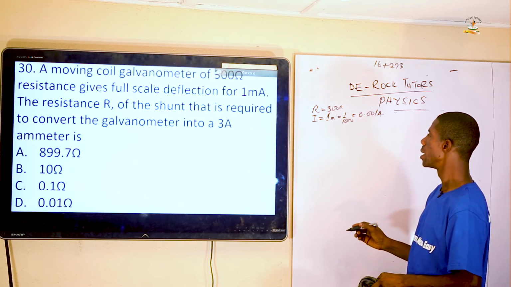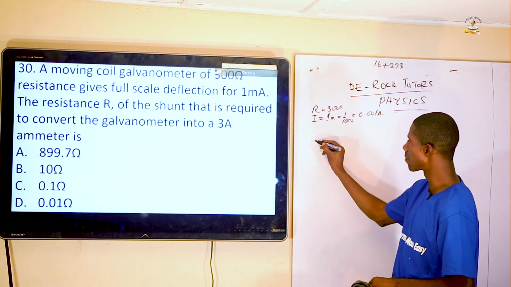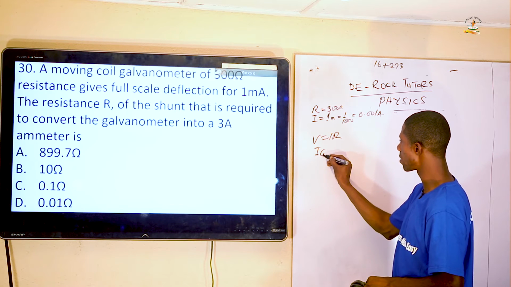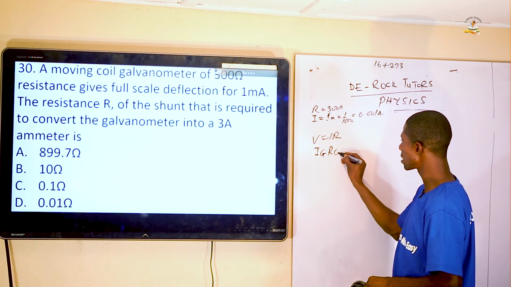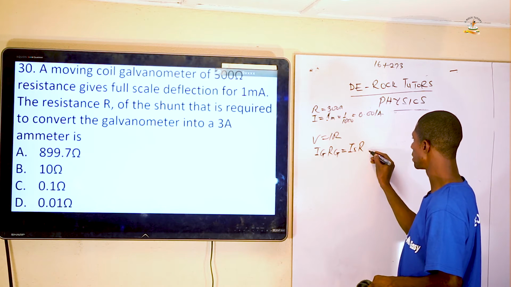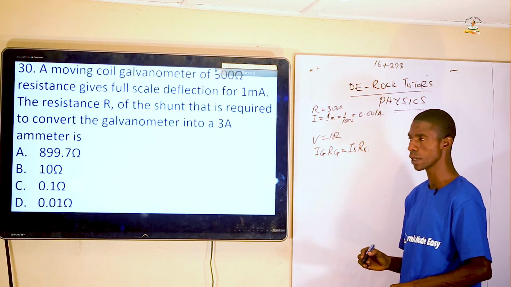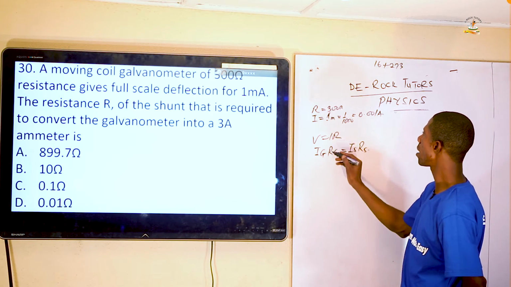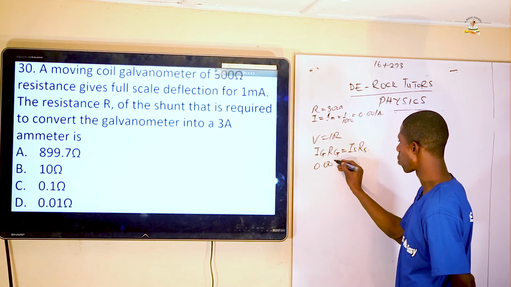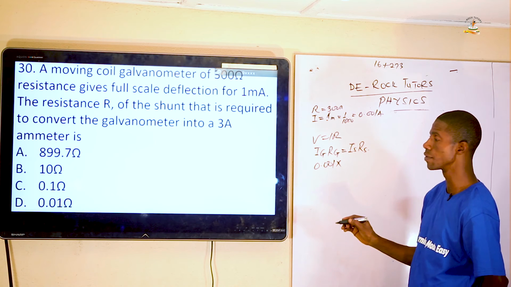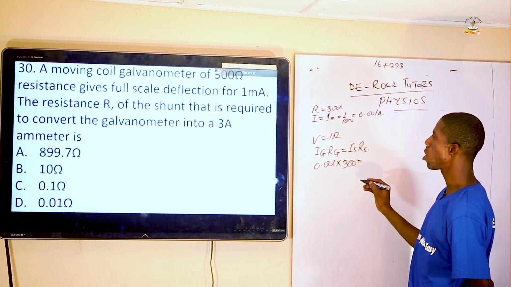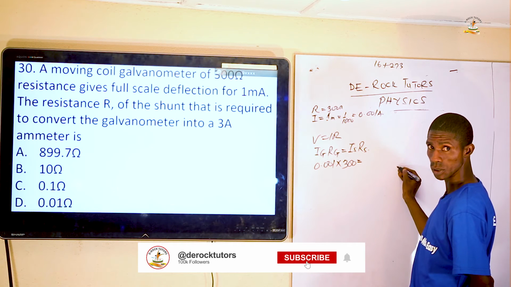Then the resistance of the shunt required to convert the galvanometer into a 3 ampere ammeter is asked. So from Ohm's law, where we have V equals IR, we have the current in the galvanometer multiplied by the resistance in the galvanometer, and we also have the current in the shunt multiplied by the resistance in the shunt as well. In the question, we have the current in the galvanometer as 0.001, then the resistance is given as 300, equals, we don't know the resistance in the shunt.